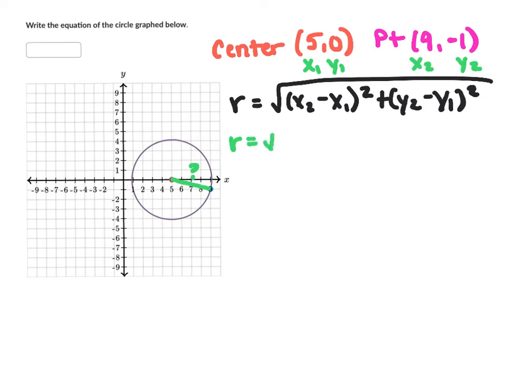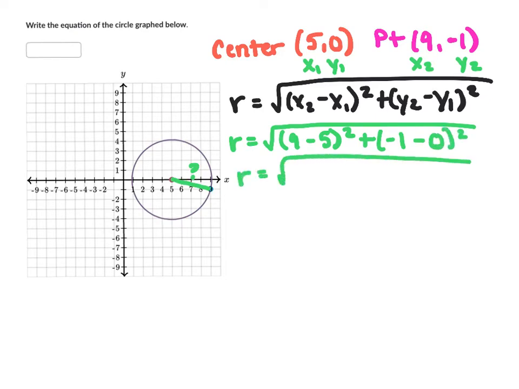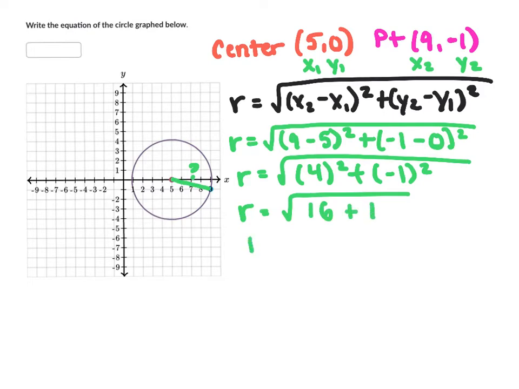So my radius equals the square root of x2 is 9 minus x1 is 5 squared plus y2 is -1 minus y1 is 0 squared. So 9 minus 5 gives us 4 squared, and -1 minus 0 is -1 squared. 4 squared becomes 16, and -1 squared is 1. So we get the radius equals the square root of 17.